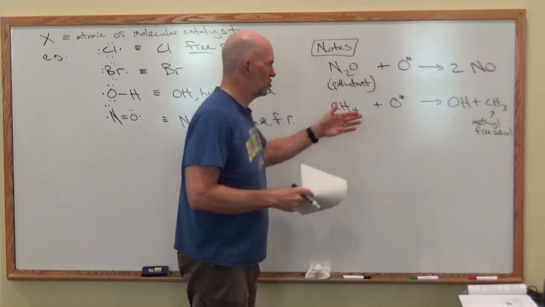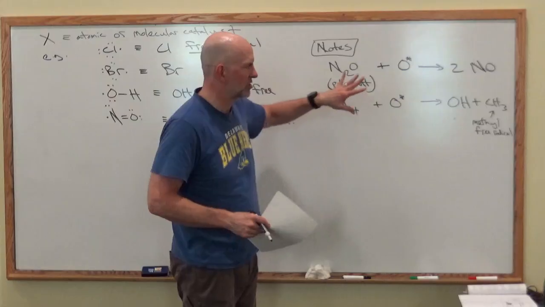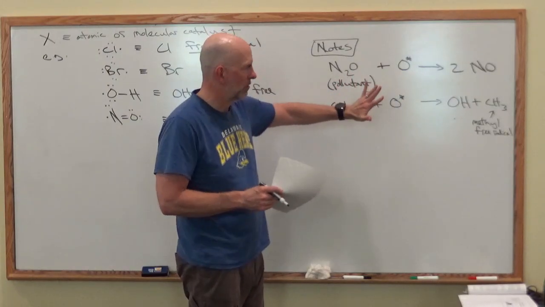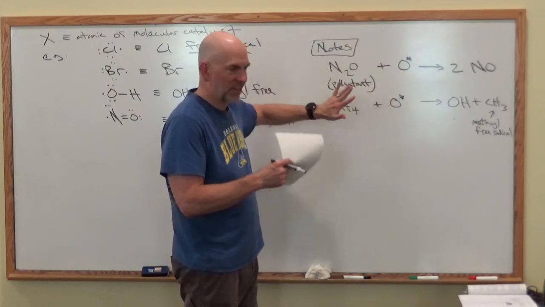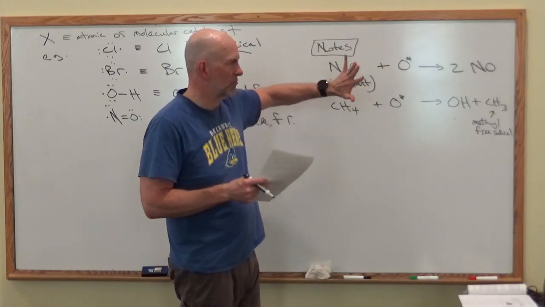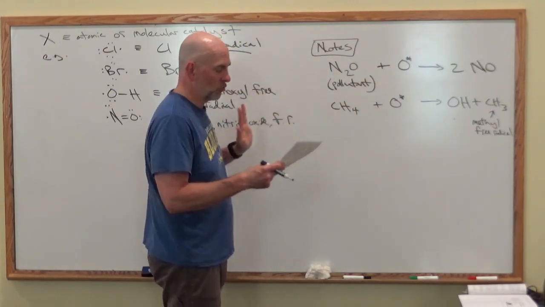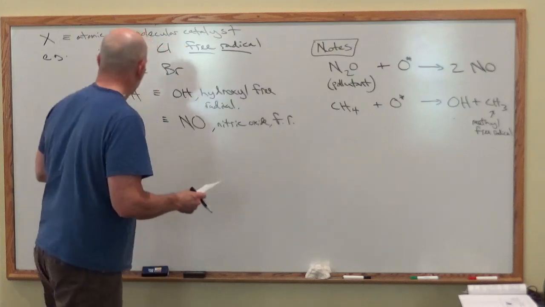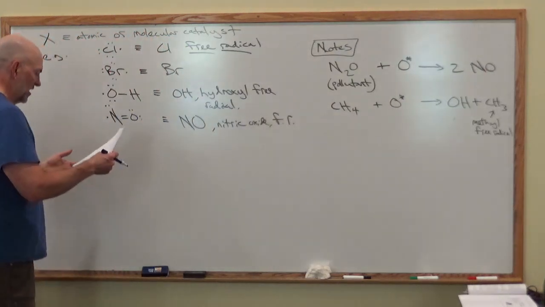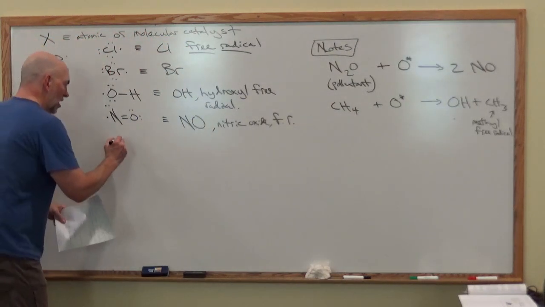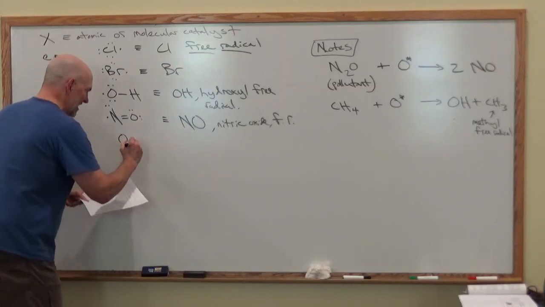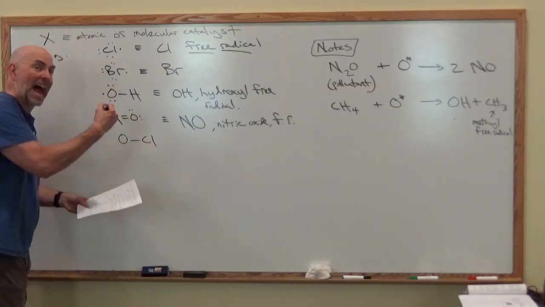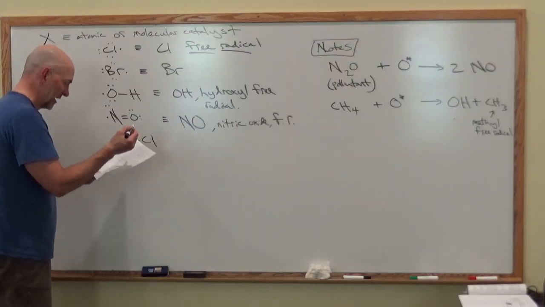If you want to draw out the electron dot structures for these to show why they're free radicals, and so you can see the individual electrons to make the case for yourself, that's fine. You don't really need to do that. And the last example of one that is common are oxygen connected to some halogen. I'm just using chlorine as one example.